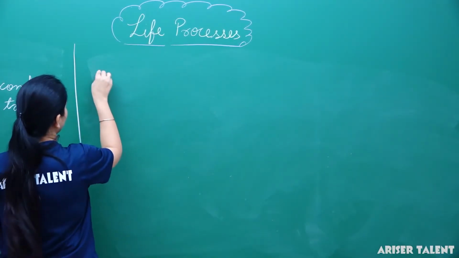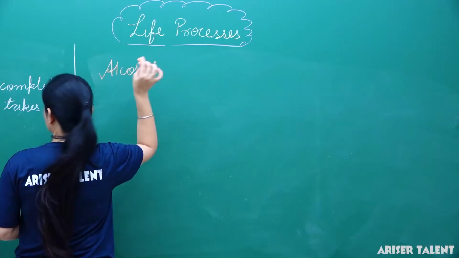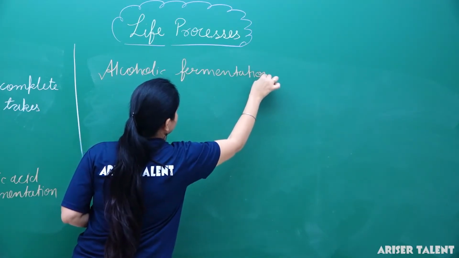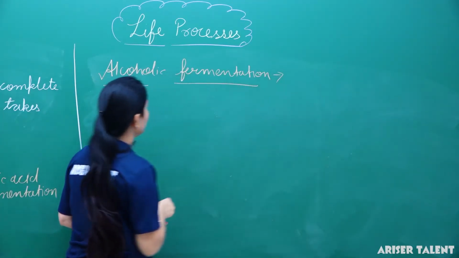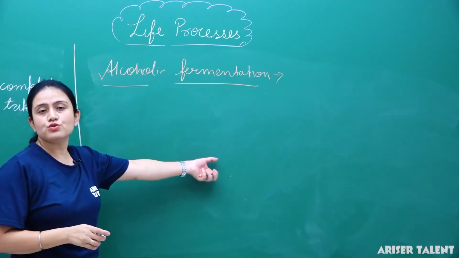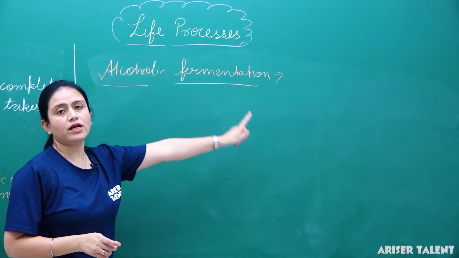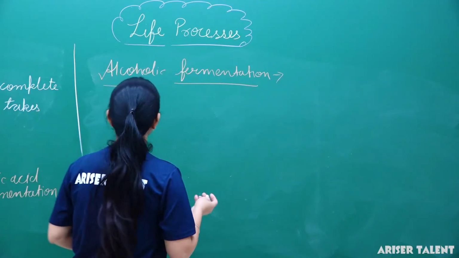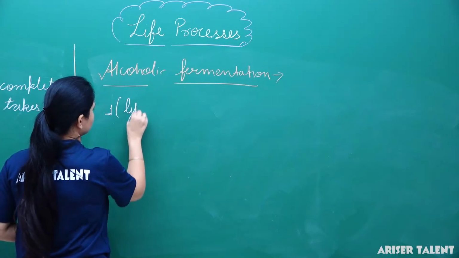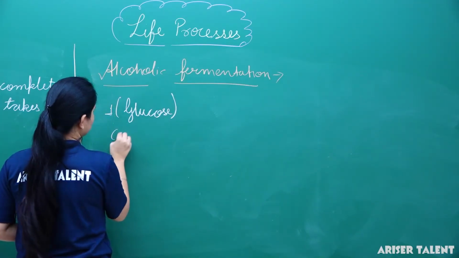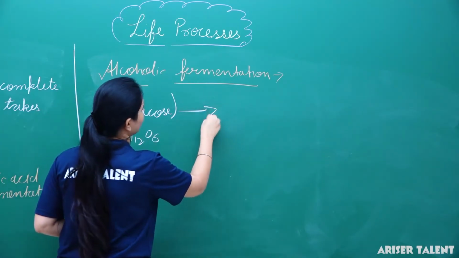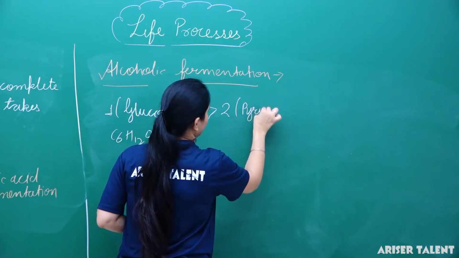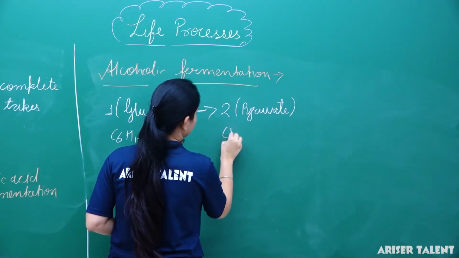First of all, alcoholic fermentation. In alcoholic fermentation, glucose will break down into 2 molecules of pyruvic acid, and then convert into 2 molecules of ethyl alcohol, or ethanol. 1 molecule of glucose, C6H12O6, will convert into 2 molecules of pyruvic acid or pyruvate.